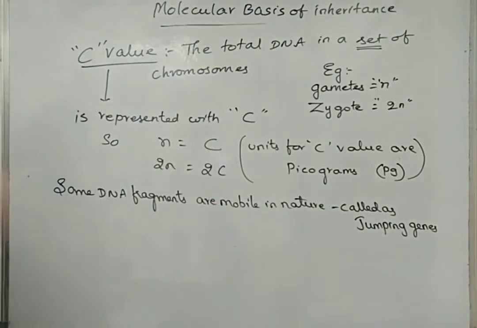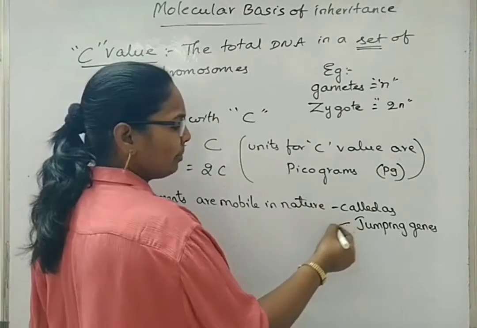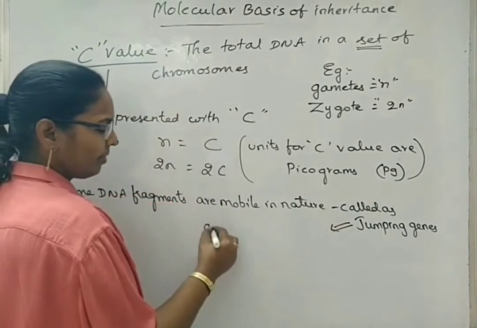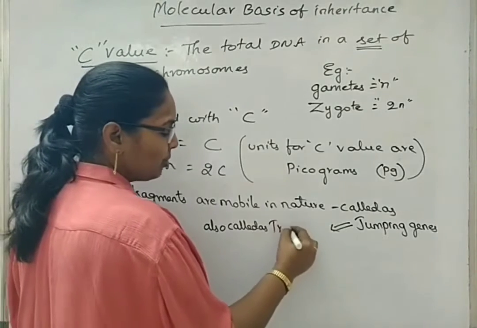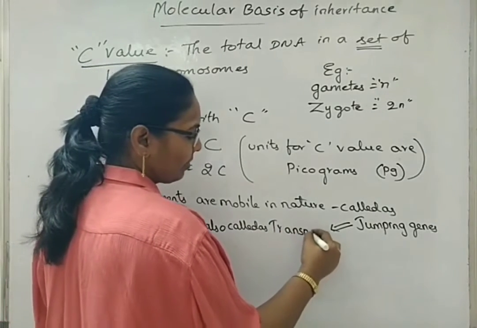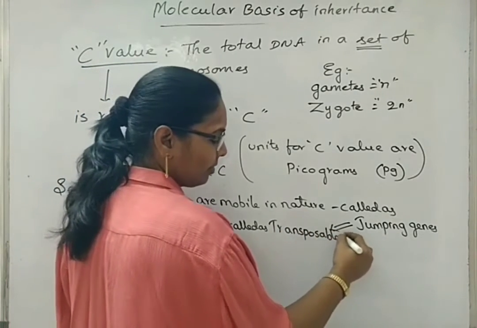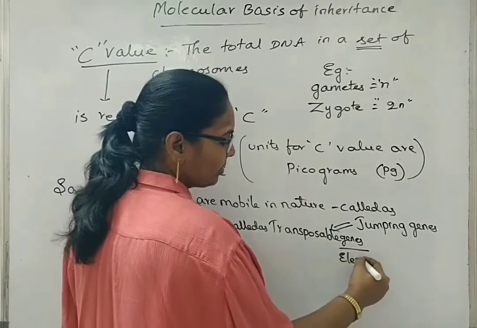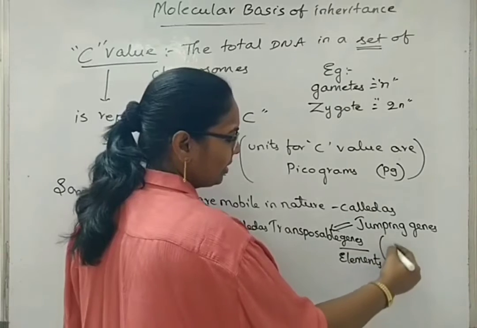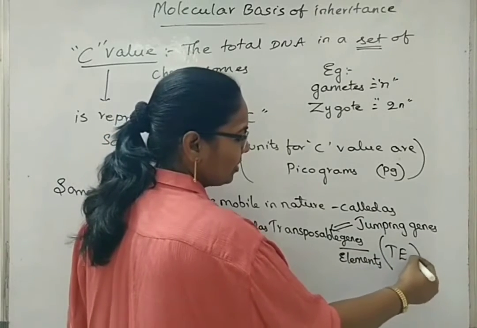Another term for these jumping genes is also transposable genes, or transposable elements, that we represent with capital T, capital E, small s.